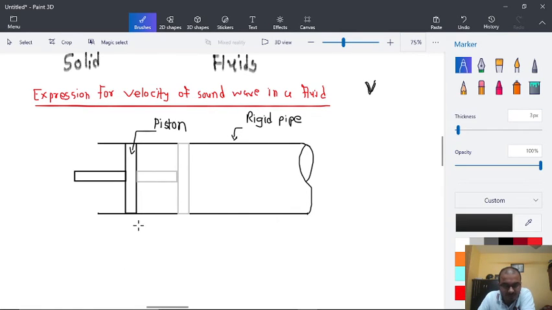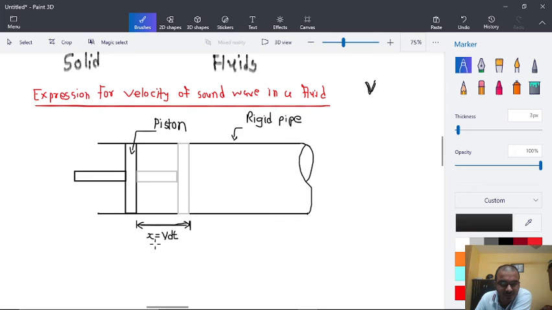So here x is the distance, which is given by v dt. We are assuming the time duration is dt through which the piston moves with the velocity v.